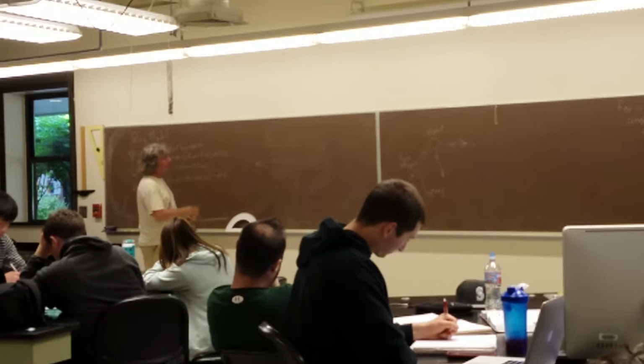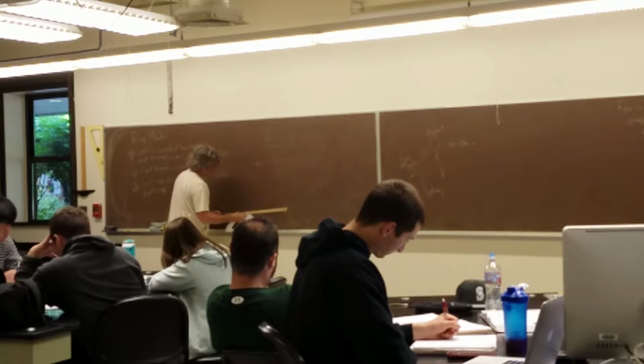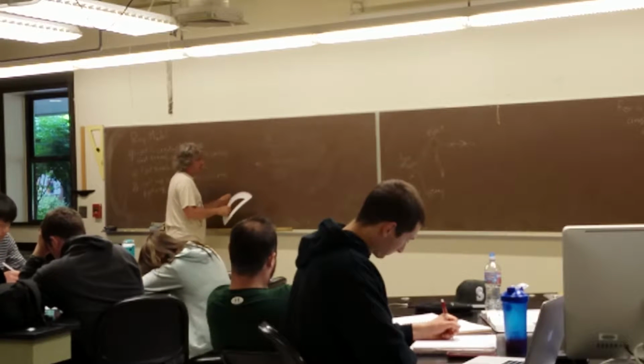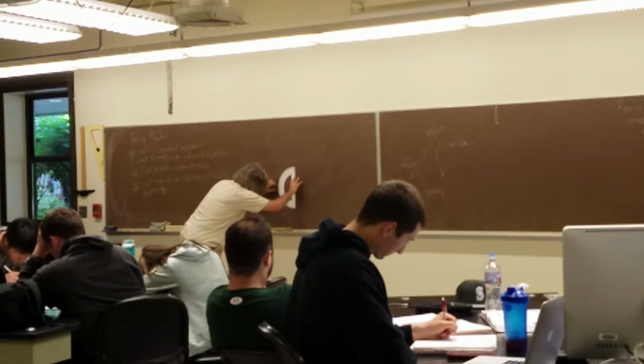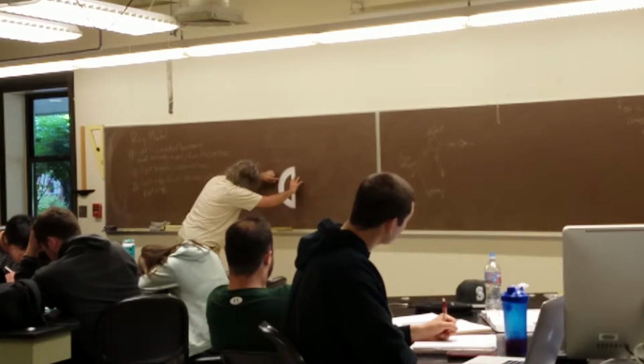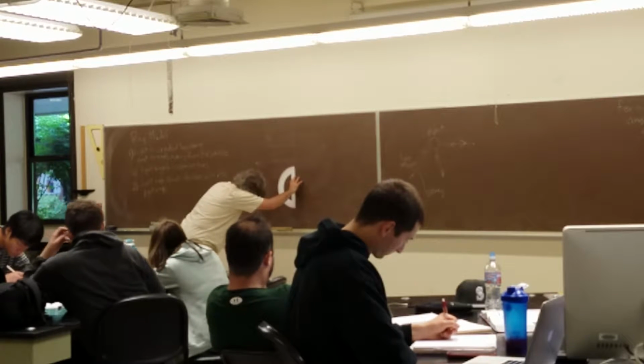All right, and now if I want to measure which way this ray is reflecting, what I can do is use my protractor and measure that angle. This is at about 29 degrees.